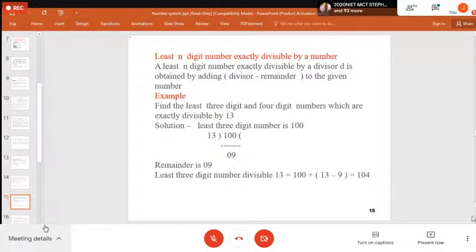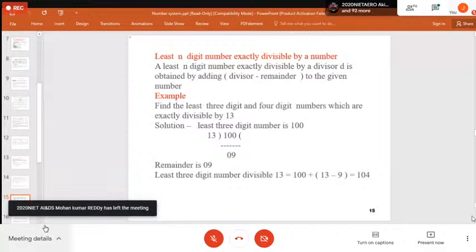So we follow the procedure. The least 3-digit number is 100. When you divide 100 by 13, you will get the remainder 9. Now the concept is to add divisor minus remainder.